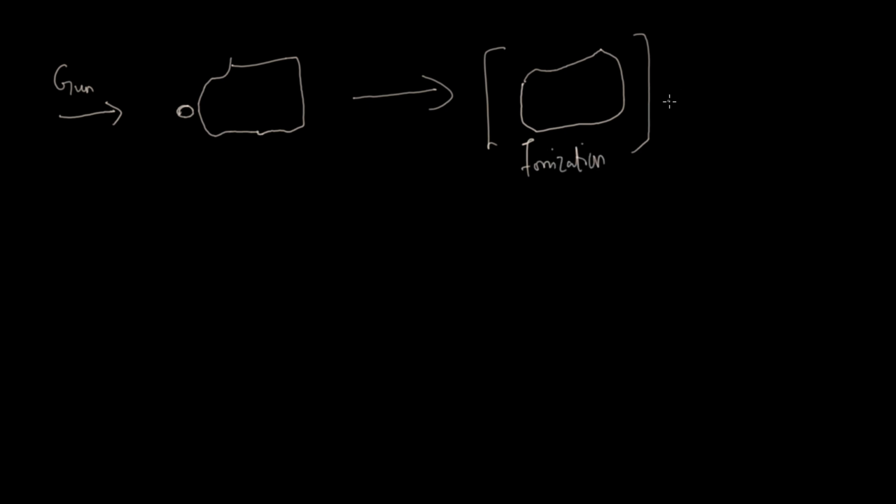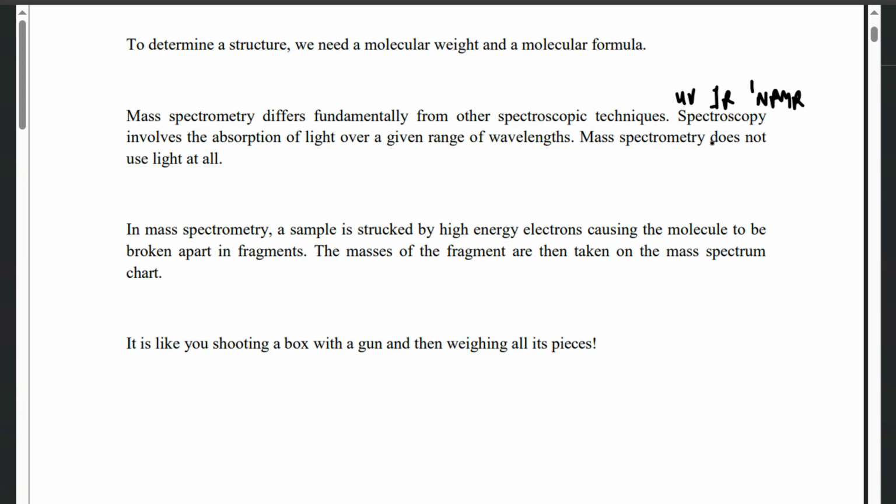Thereafter, there is fragmentation of the box. This box is broken into different fragments. We have small fragments and big fragments as well. That's just the explanation there. So it's like shooting a box with a gun and then weighing all its pieces.